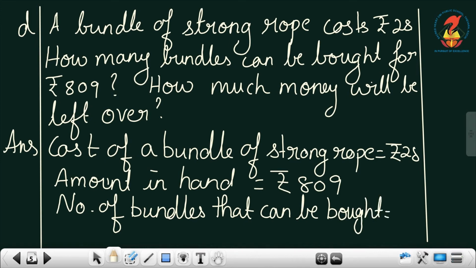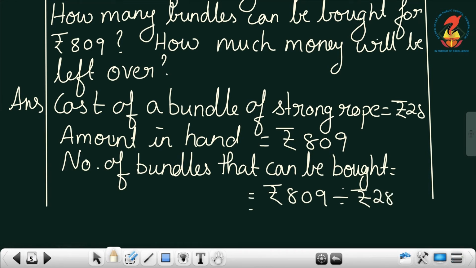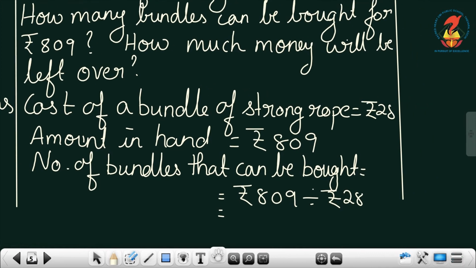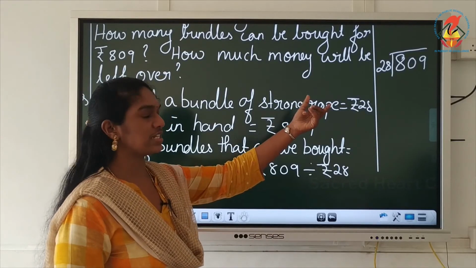What do you have to do for this, children? To find the number of bundles, what do you have to do? You have to divide. So, rupees 809 divided by rupees 28. Now, we will divide and see. 809 divided by 28. Starting with two digits, 80.